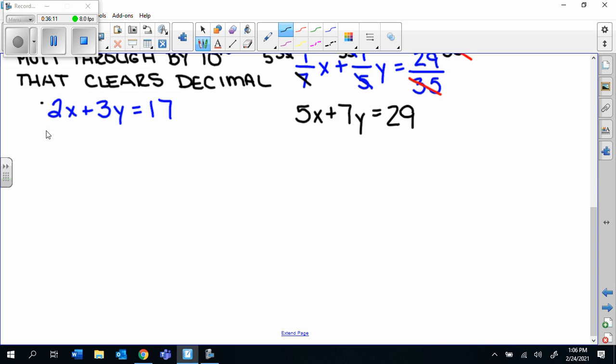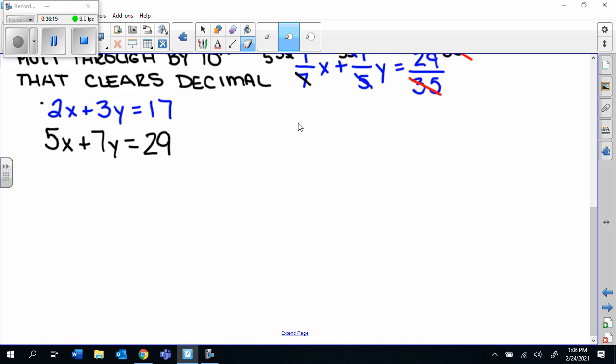Let me write this underneath here. I will probably multiply this top equation through by 5 and the bottom equation through by -2.